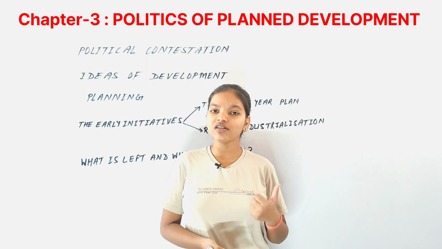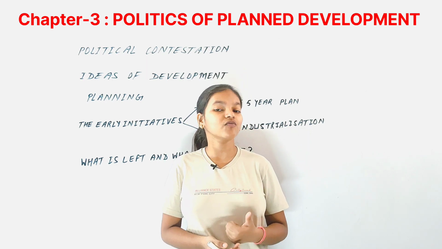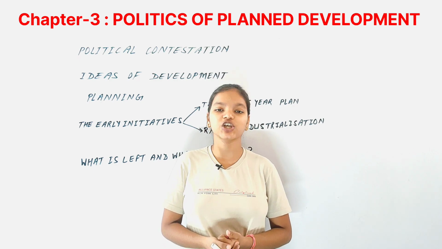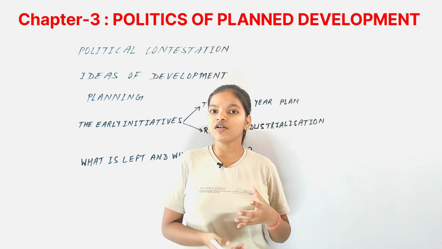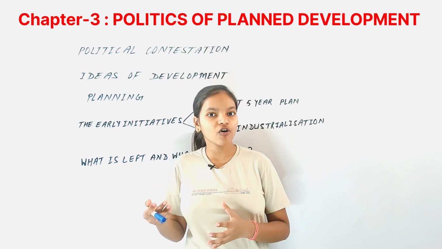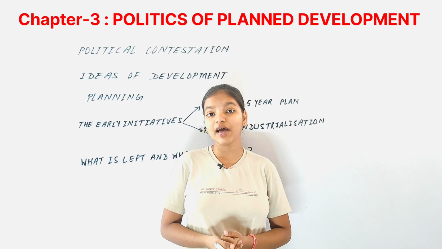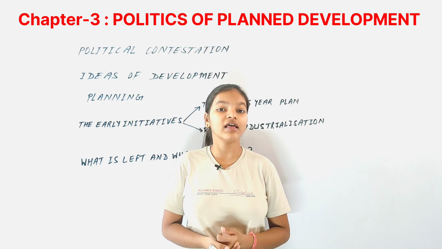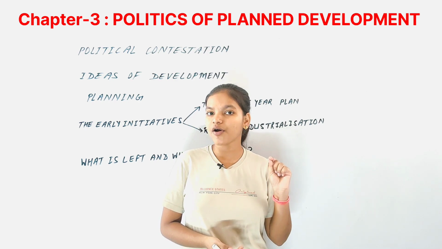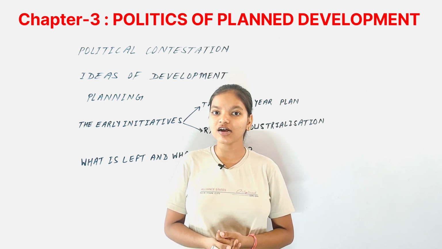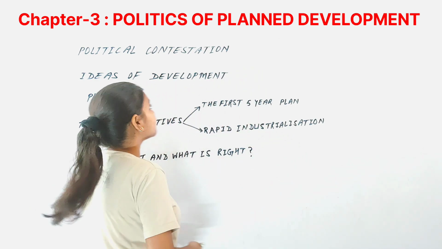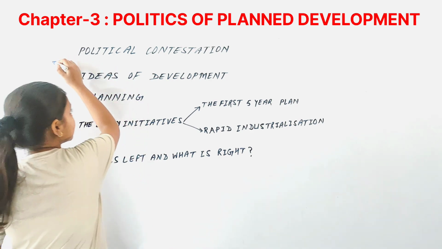If they had chosen that development strategy, then what were the achievements and limitations of that strategy? And if it was having many good consequences, then why was it abandoned in the later years? These will be the major points of discussion in this chapter. So without any further ado, let's get started with the first topic, which is political contestation.